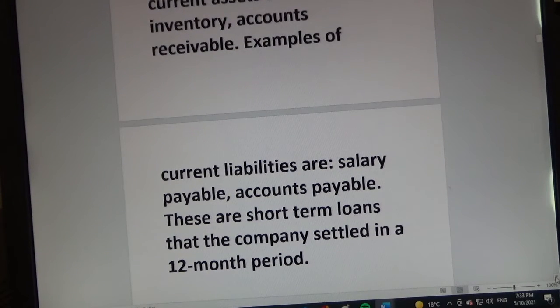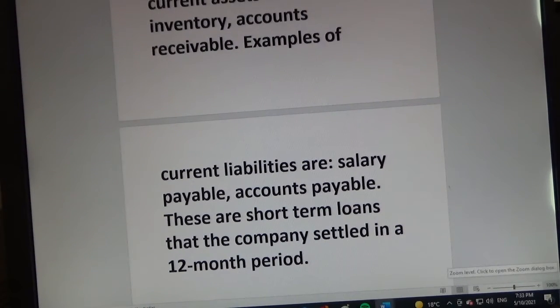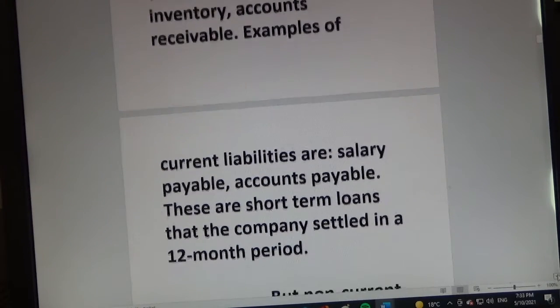These are short-term loans that the company must settle in a 12-month period. And that word payable, if you're having trouble flagging the accounts, is indicative of a current liability. That word payable: accounts payable, salary payable.